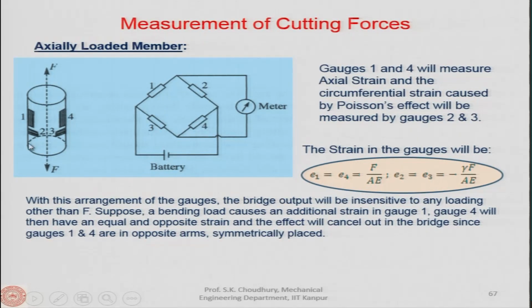Therefore, 1 and 4 strain gauges will exclusively sense the axial force, and no other force will be sensed by 1 and 4.